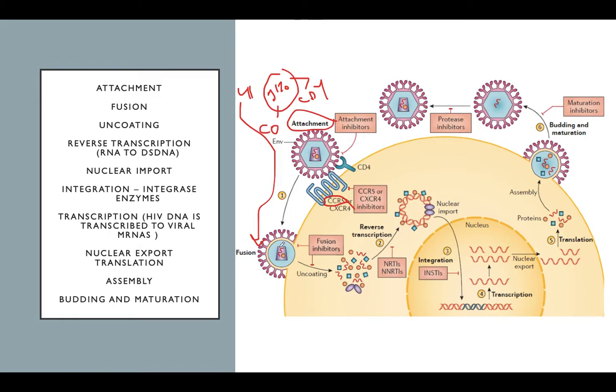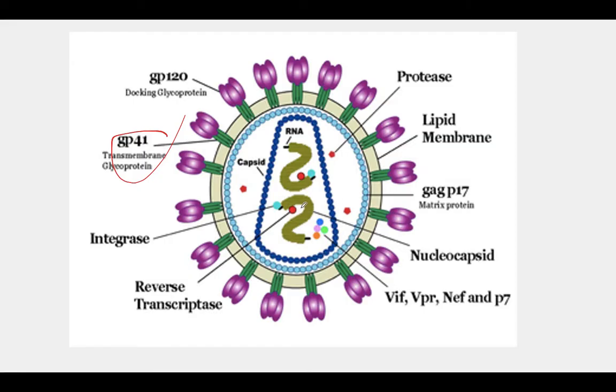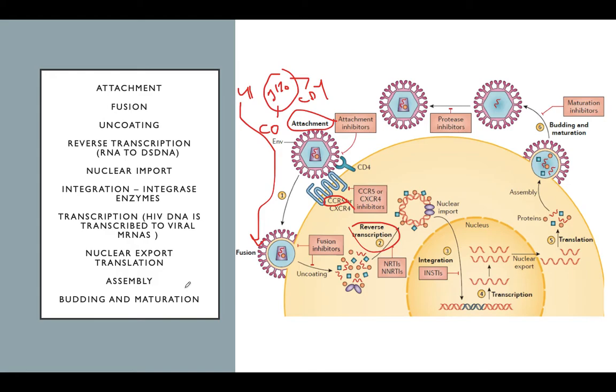Going inside, there will be uncoating of the nucleocapsid. All of the content of the virus will be released, including proteins and enzymes. The reverse transcriptase, which is found inside here, plays a role in reversing the single-stranded RNA into double-stranded DNA.